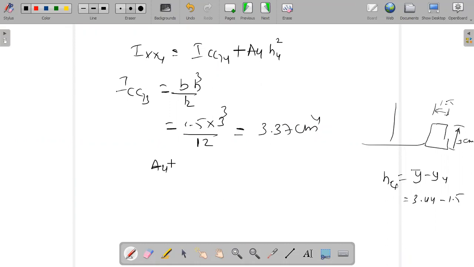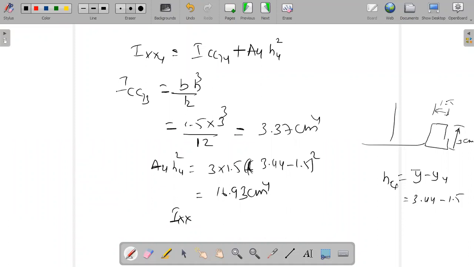Next is A4H4 square. A4 value is 3 into 1.5 into 3.44 minus 1.5 the whole square. What is the answer you are going to get? 16.93 centimeter to the power of 4.